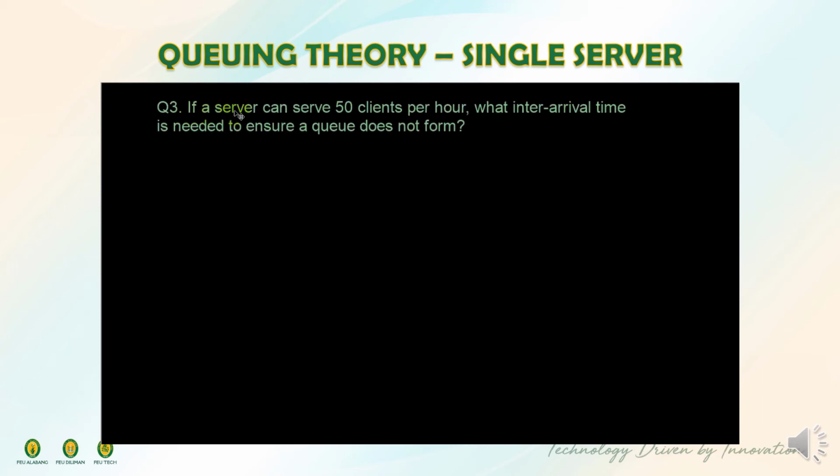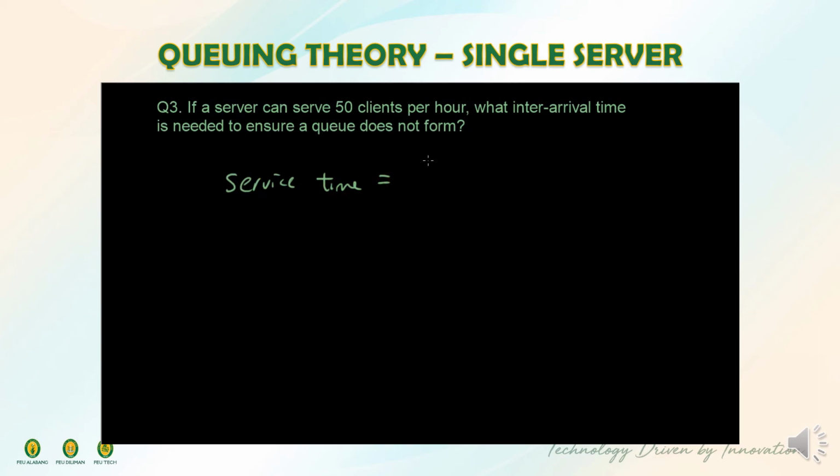Question 3. If a server can serve 50 clients per hour, what inter-arrival time is needed to ensure a queue does not form? Firstly, let's work out the service time. The service time is calculated the same way as inter-arrival time.